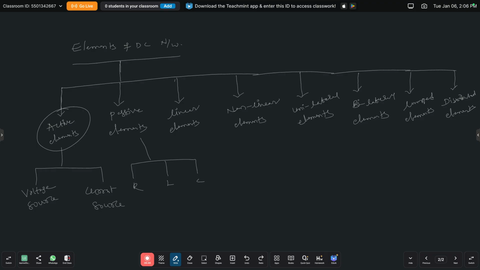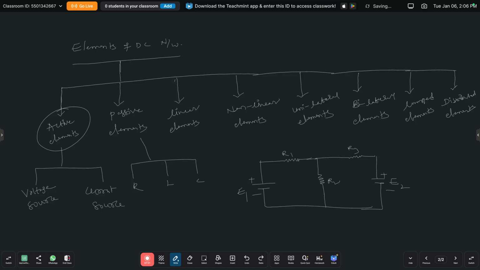Let us consider one circuit with a resistance R1, a resistance R2 and one more resistance R3, and it has two sources, source 2 and source 1, with positive and negative terminals, represented as E1 and E2.